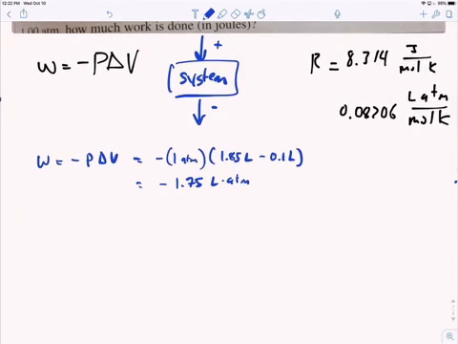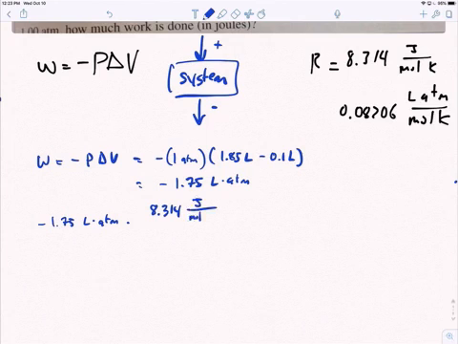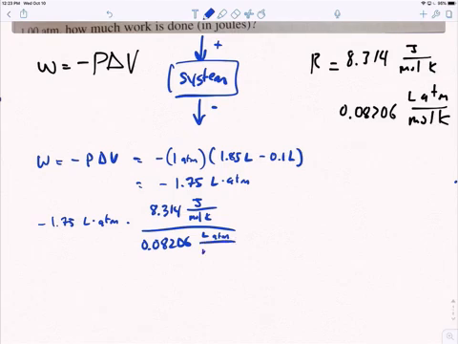Well, what you can do is look at the two values of R, and we want it in joules, so we have minus 1.75 liter atmospheres times, I'm going to say 8.314 joules per mole Kelvin all over 0.08206 liter atmosphere per mole Kelvin.